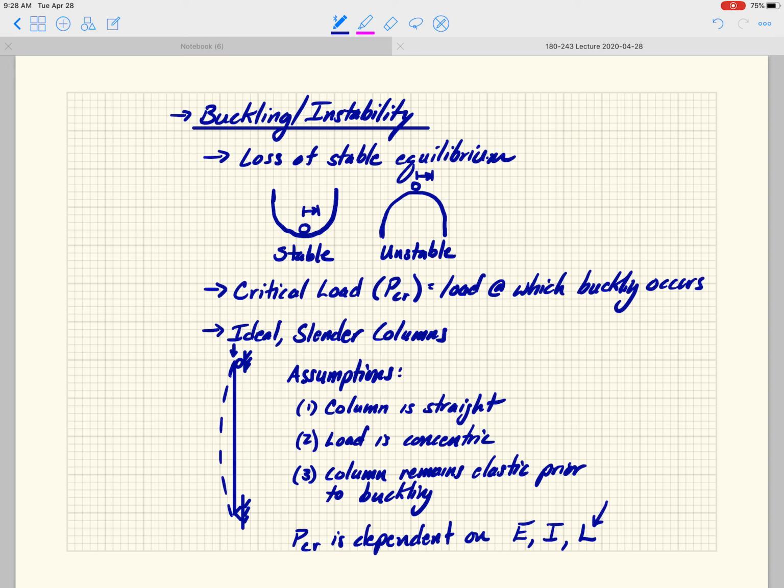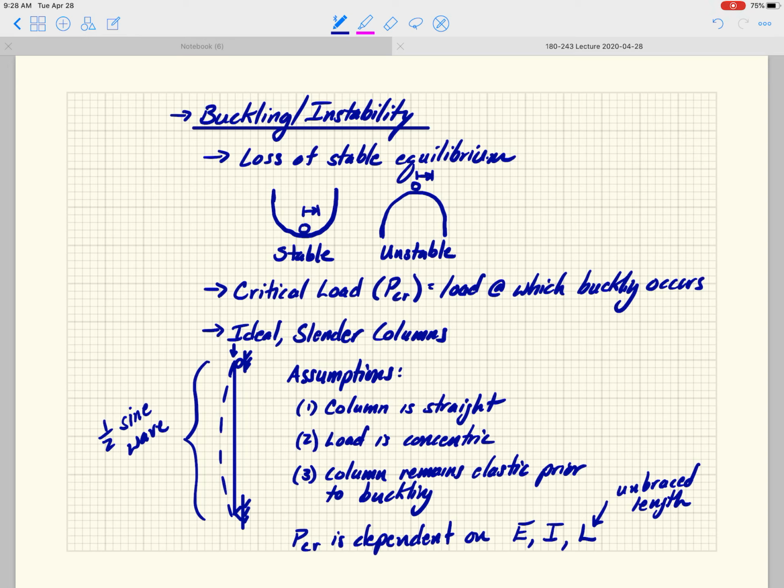We want to consider this as the unbraced length. You could also think about this as the length over which a half sine wave can generate. So this here is a half sine wave, and you'll see where that comes from in a second. But that's effectively the assumptions that we make.